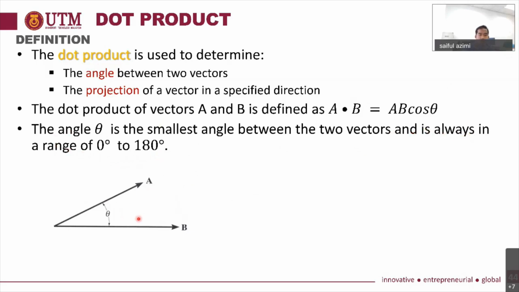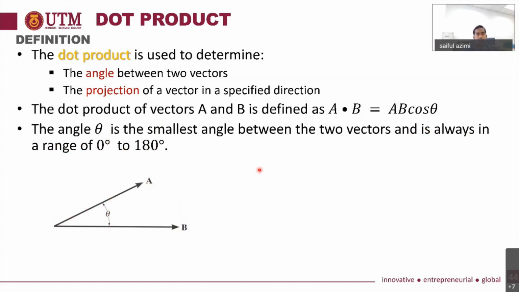So you must take note that if you have two vectors, theta is here, the smallest angle between the vectors. It is not from here, because that angle is the larger one. So theta is always in the range of 0 degrees to 180 degrees.